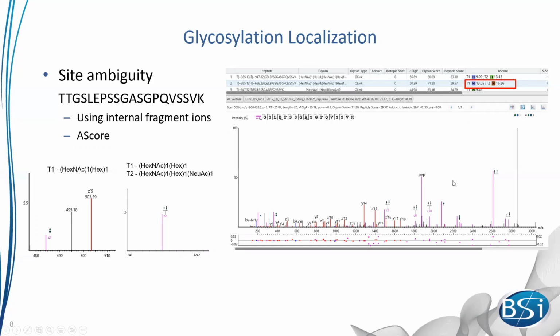Again, this is ETHCD data, and we also have good fragment ion support for a glycosylation on position 2. So considering those, we're able to fairly confidently localize the glycosylations to these two sites. By providing the A-score, we give a way to localize glycosylations in a high throughput way to make the most glycopeptide localizations that you can.